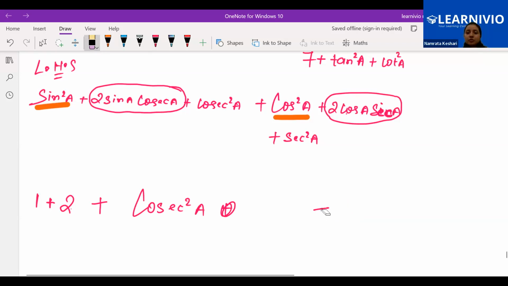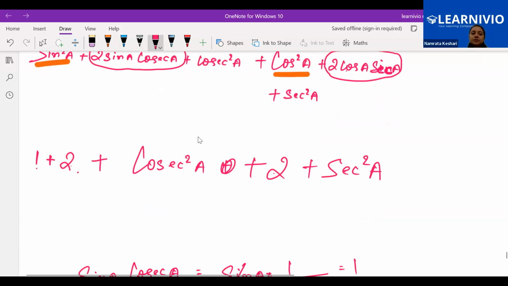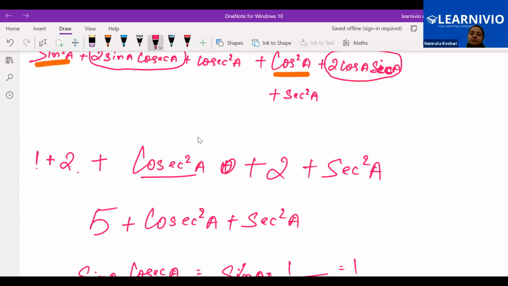Let me write this 2 over here. 1 plus 2 is what? 5. Okay. And then we are having plus cosec square A plus sec square A. Right? Yes.